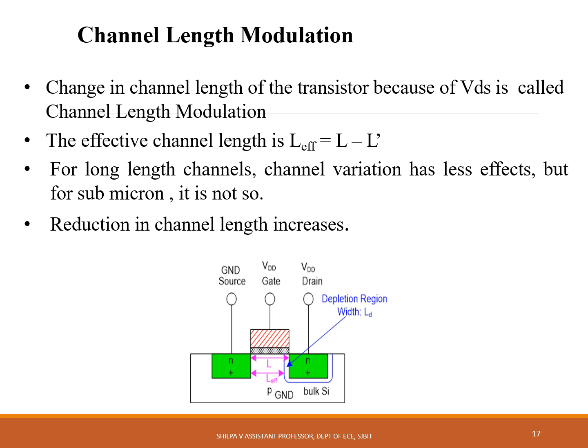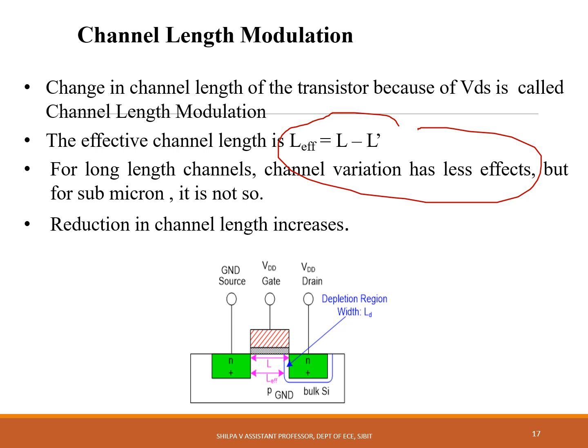The depletion region effectively shortens the channel length: L effective is equal to L minus LD. Increasing VDS decreases the effective channel length, which results in higher current, and thus IDS increases with VDS in saturation.